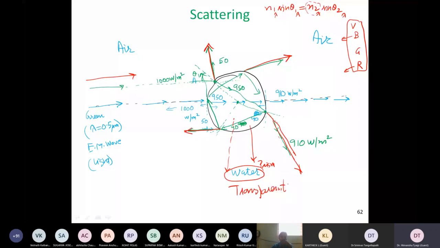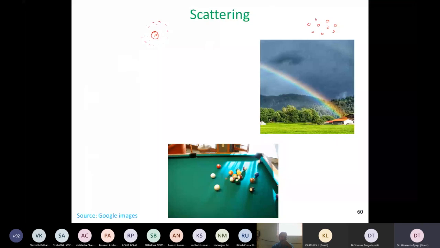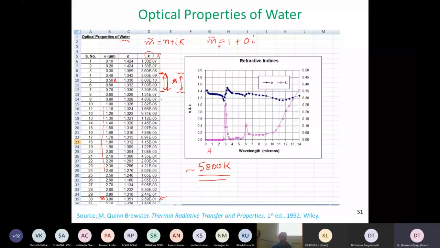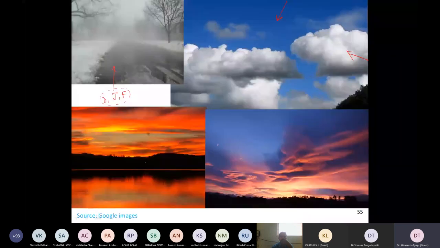The table where we had shown the properties of water clearly shows, because this K represents absorption. When something is not being absorbed, it is actually being transmitted. So because the absorption coefficient is so small, everything is actually transparent. So believe it or not, each droplet inside this particular cloud is completely made of transparent water.